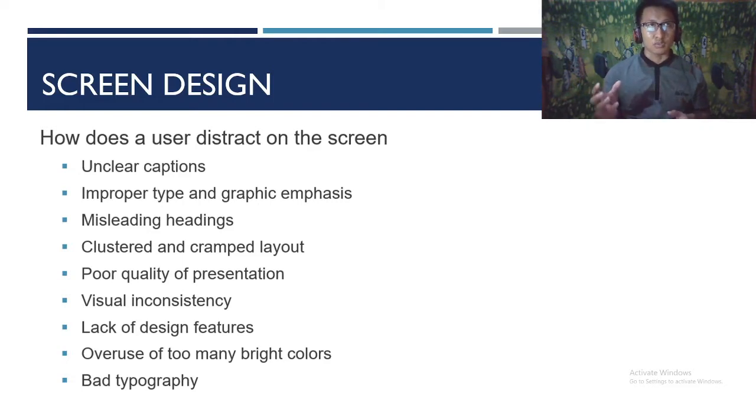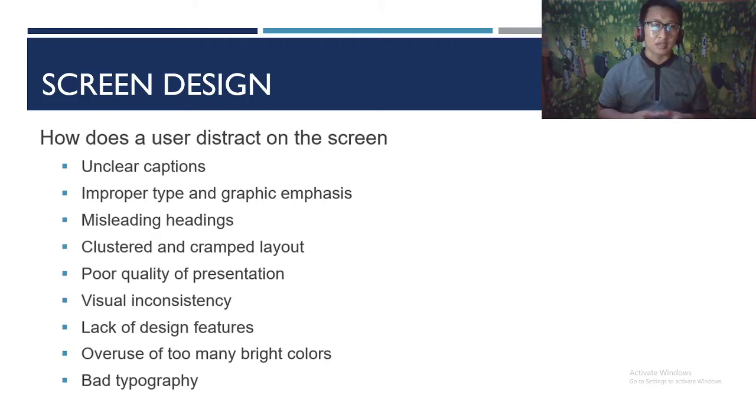For example, you want to be more artistic, so you use a lot of typography, that is wrong. All you need to use is typography or text that is clear to read by the user and simple.